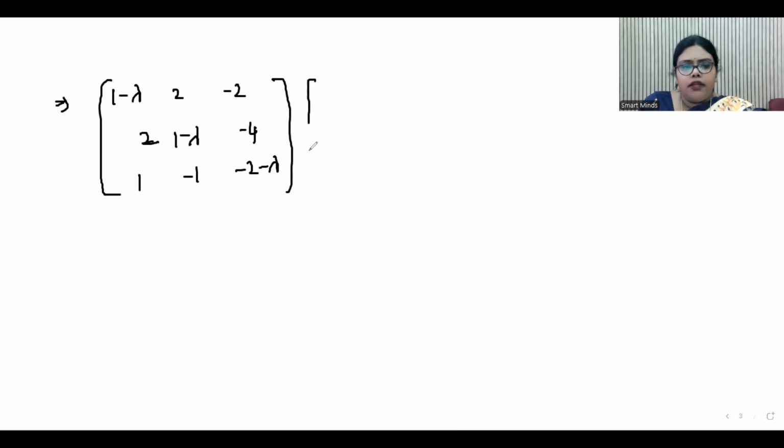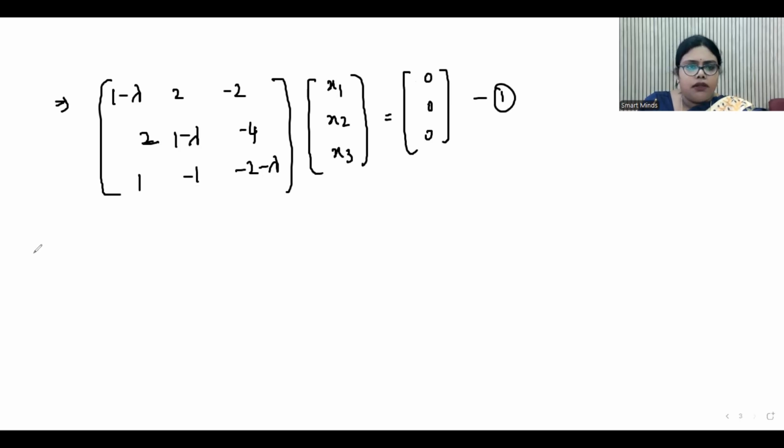So what do you get? [1 minus lambda, 2, -2; 2, 1 minus lambda, -4; 1, -1, -2 minus lambda] into [x1, x2, x3] is equal to [0, 0, 0]. Let's take this as equation number 1.